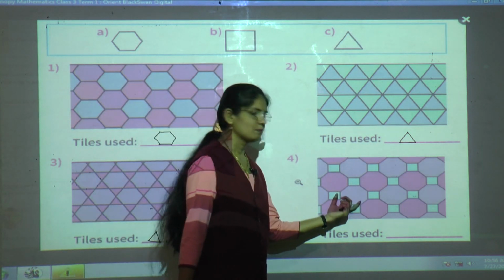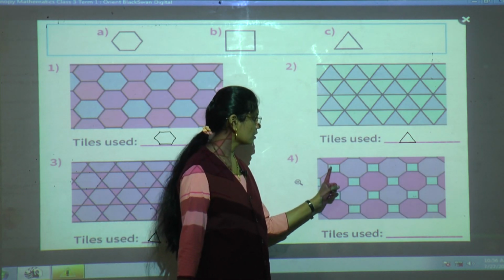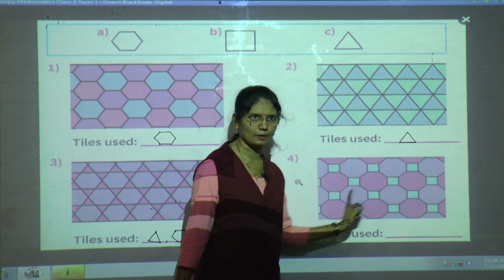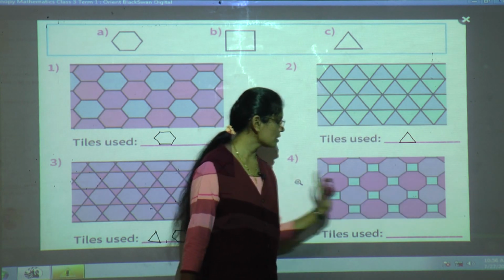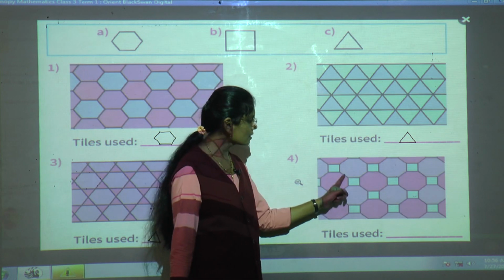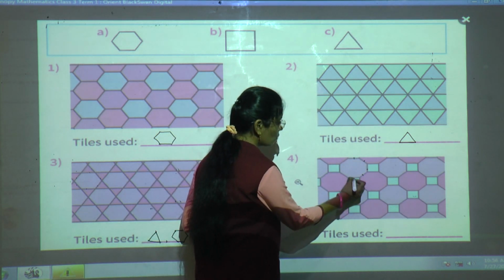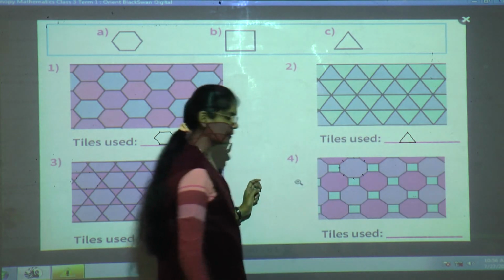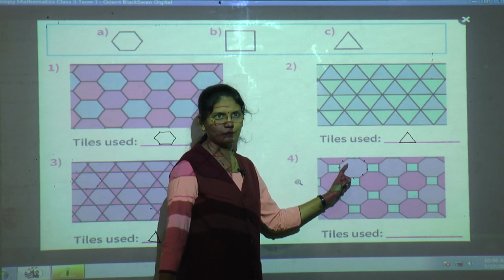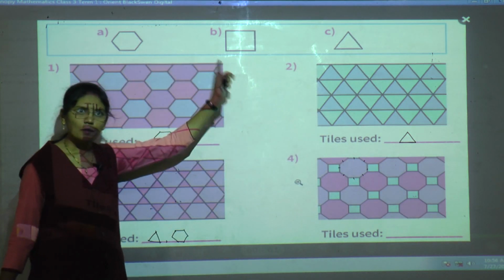Now the last tiling is, see carefully. Here small squares you can see. Yes, small squares are there. And then one more shape is there, that is octagon. If we count the sides, 1, 2, 3, 4, 5, 6, 7, 8. Octagon is there. But this octagon is not there in the box.